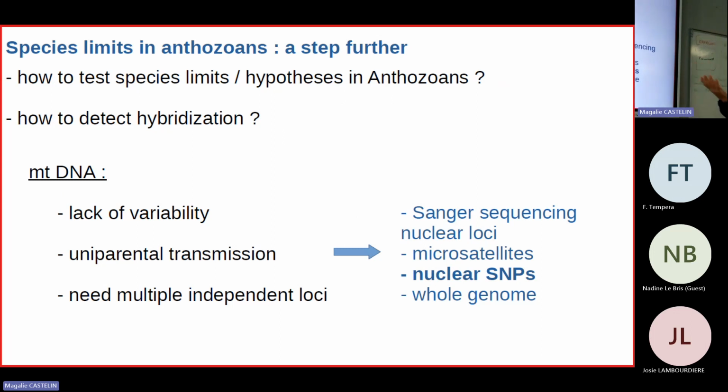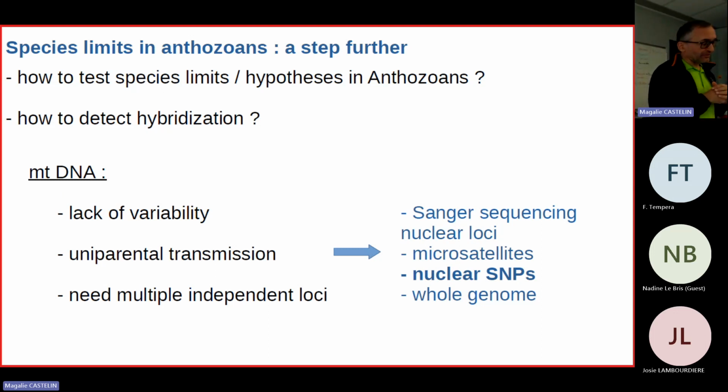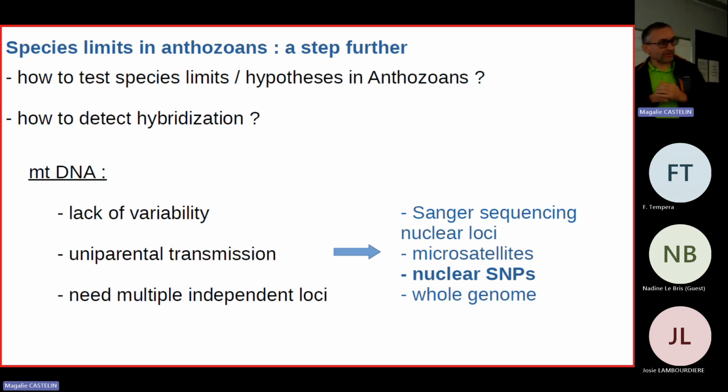Usually it has a peculiar transmission, uniparental, but for some species, strange species, it's different. And if you want to, not only to do barcoding, but if you want to delimitate species, see what are the differences among species, it's important to use multiple independent genetic markers, independent loci. So in the literature, we have seen that there is a range of markers which have been used, and I will present some things about nuclear SNPs today.